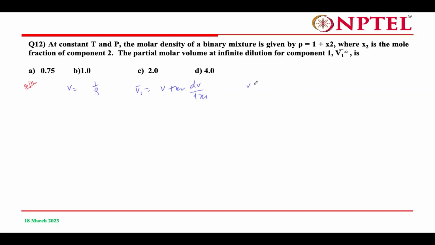So here V is equal to 1 by rho, where rho is given as 1 plus X2, right. Now put this value in this equation. So V1 bar equals 1 by 1 plus X2 plus X2 d by dX1 of 1 by 1 plus X2.